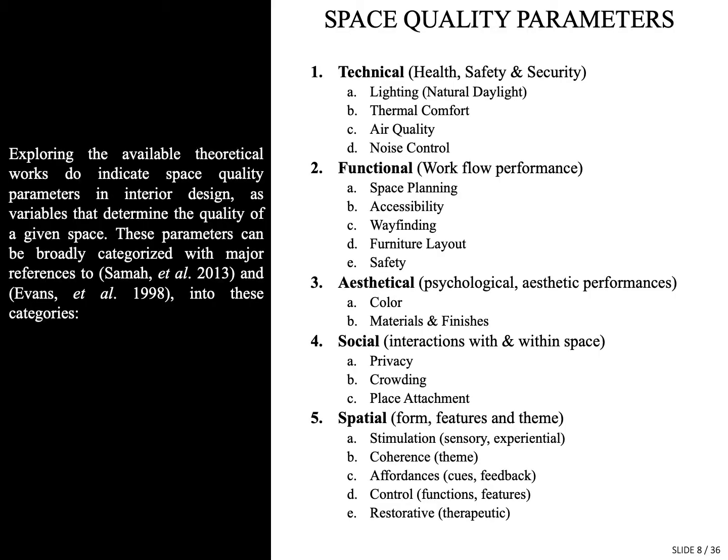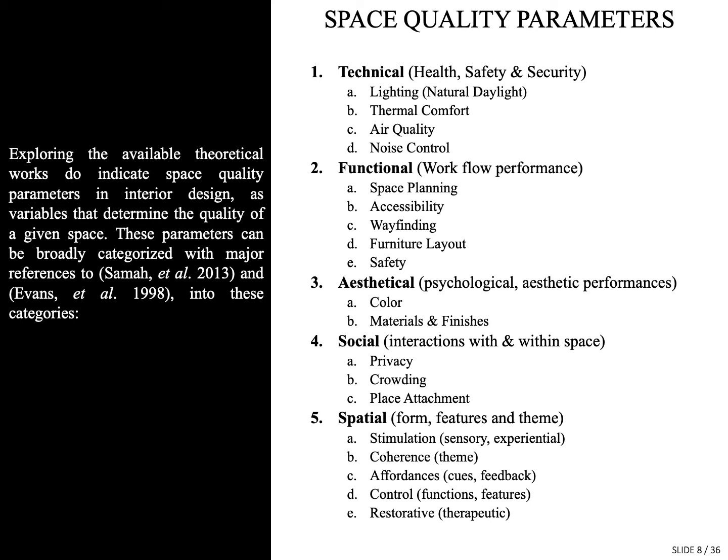These space quality parameters, as variables, determine the quality of a space, and in this study they are categorized into these components, with the major references from these two sources mentioned. Number one is a technical component that deals with health, safety, and security. Number two is the functional component, which deals with workflow performance.